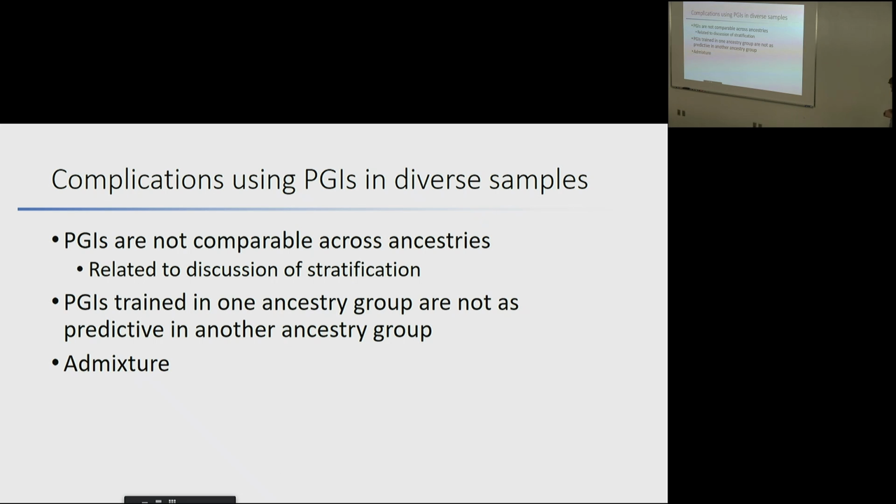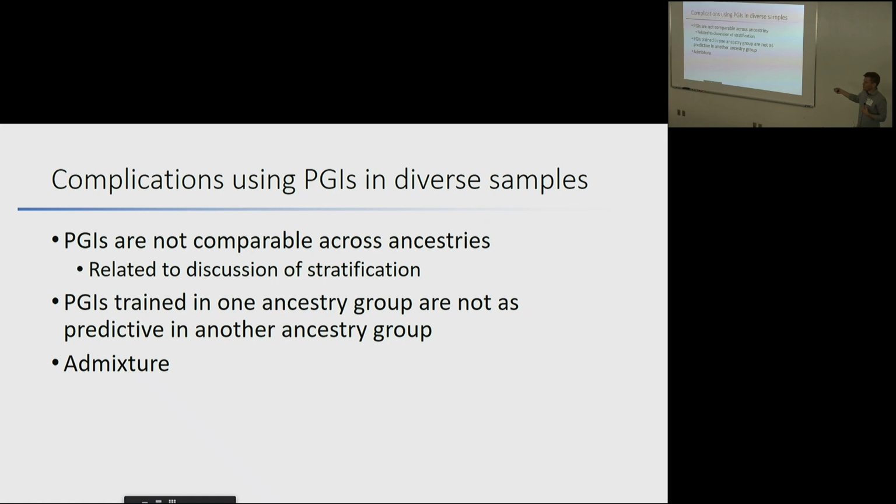I'm not going to go through all of these very carefully because there's not much time. So PGIs have a handful of additional complications. First, they're not generally comparable across ancestry groups. This is related to the stratification problem.